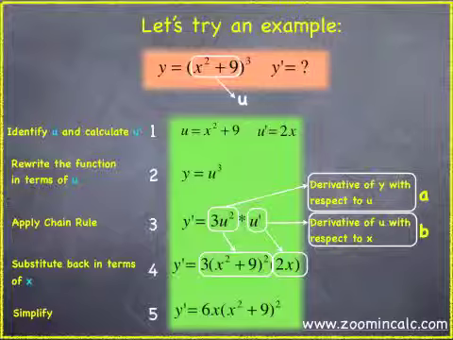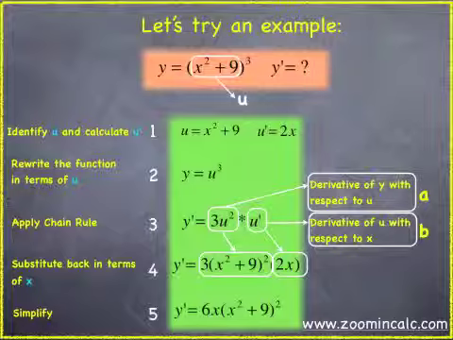But we don't want our answer to be in terms of u, it's going to be in terms of x. So we have to multiply this result by u prime. U prime is the derivative of u with respect to the x variable, and that's why we have to multiply by u prime. We already know what u prime is, and we already know what u is because all that was identified in step 1.